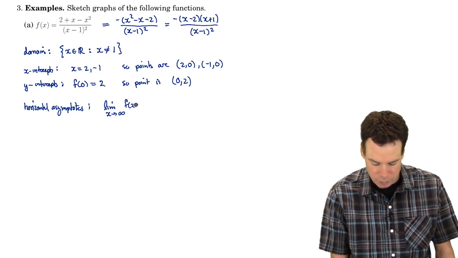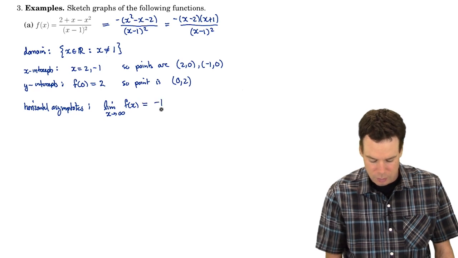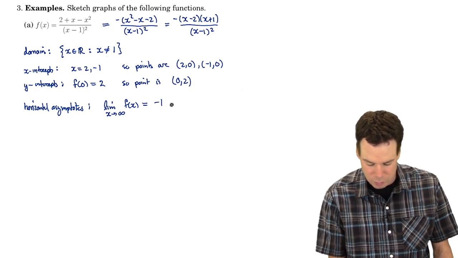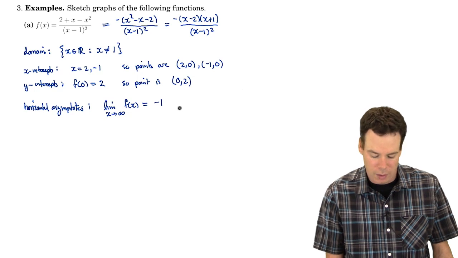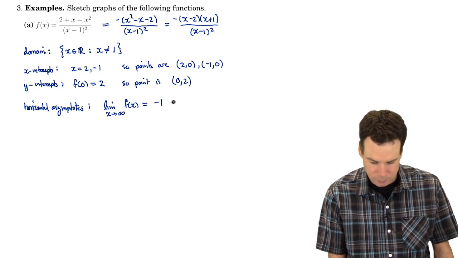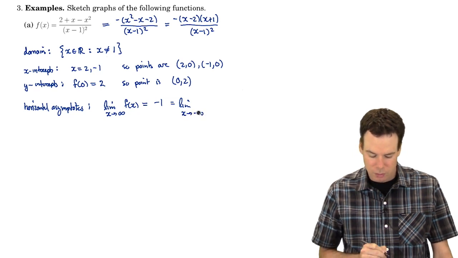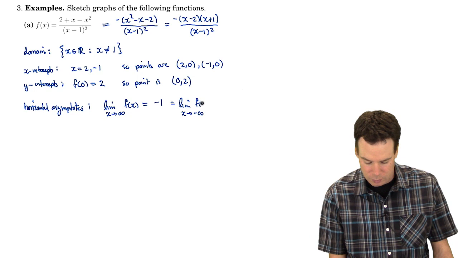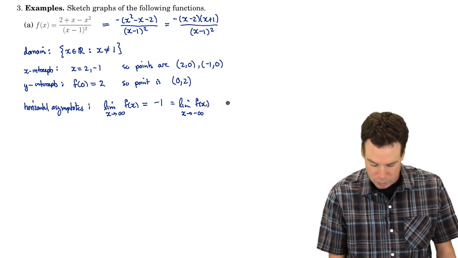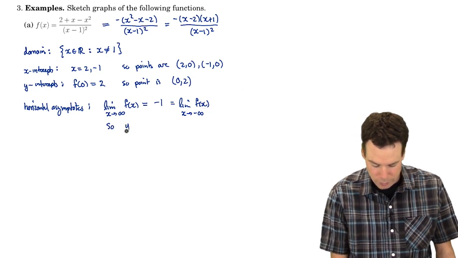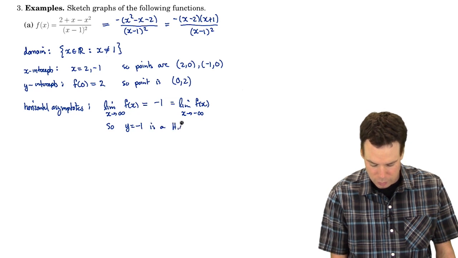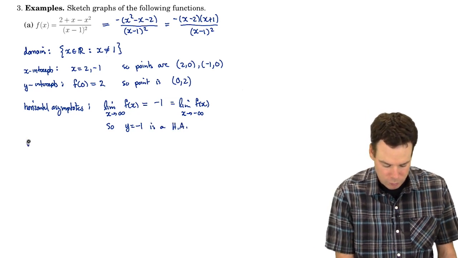And so therefore, it has a horizontal asymptote of value y equals negative 1. And this is also the limit as x goes to negative infinity of f of x. So y equals negative 1 is a horizontal asymptote. What about a vertical asymptote?